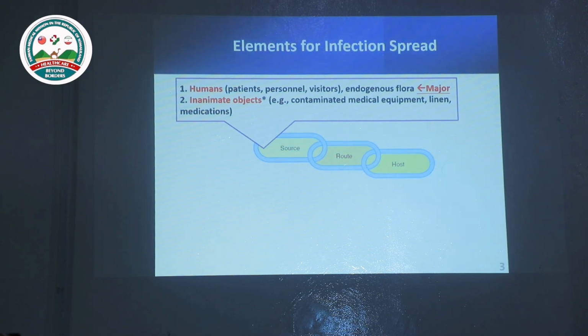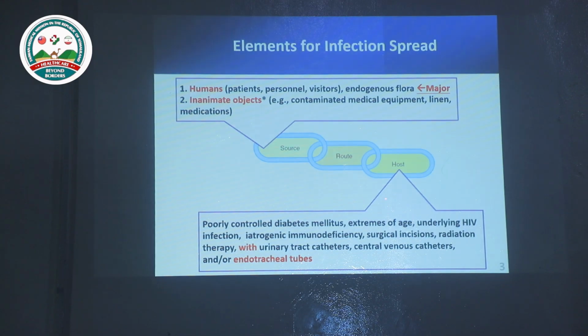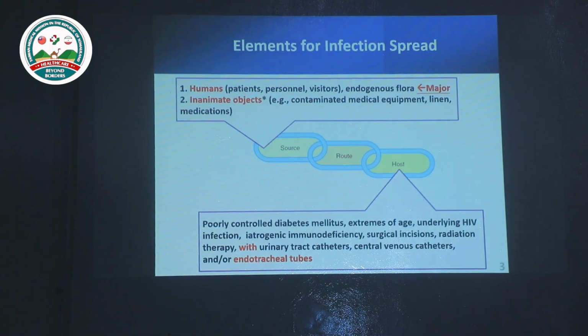And how about the host? The host means that these patients are vulnerable to infections, for example those with diabetes, high age, or immunodeficiency, with catheter insertions or endotracheal tube intubation.